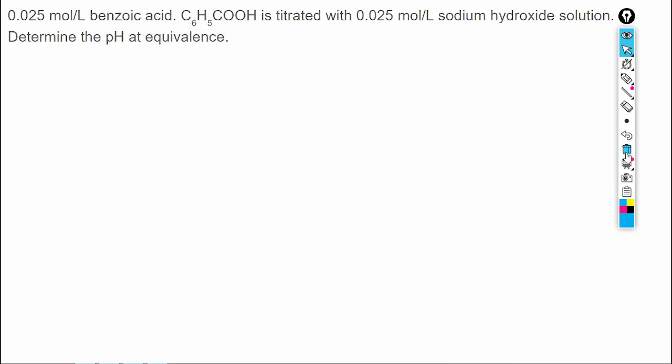It's a neutralization reaction. I'm reacting an acid with a base, so I get a salt and water. Good point. Let's write the balanced chemical equation first.